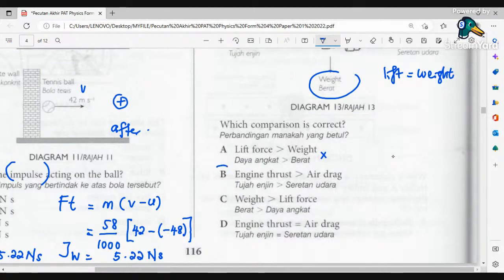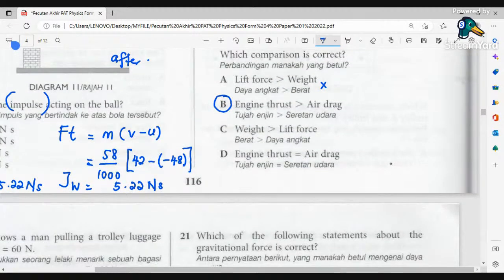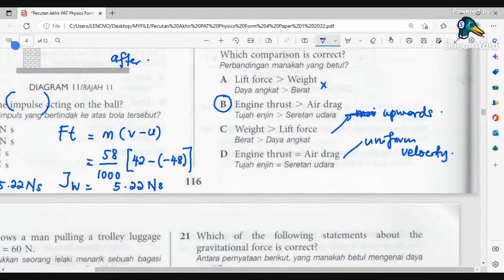Engine thrust more than air drag. So that's why it accelerates. Okay. Kalau D ni equal maybe ialah uniform velocity atau uniform speed. Okay. If weight more than lift, okay, moving up ataupun accelerate up. Now it does not moving up, horizontal motion only. So that's why the answer is B.